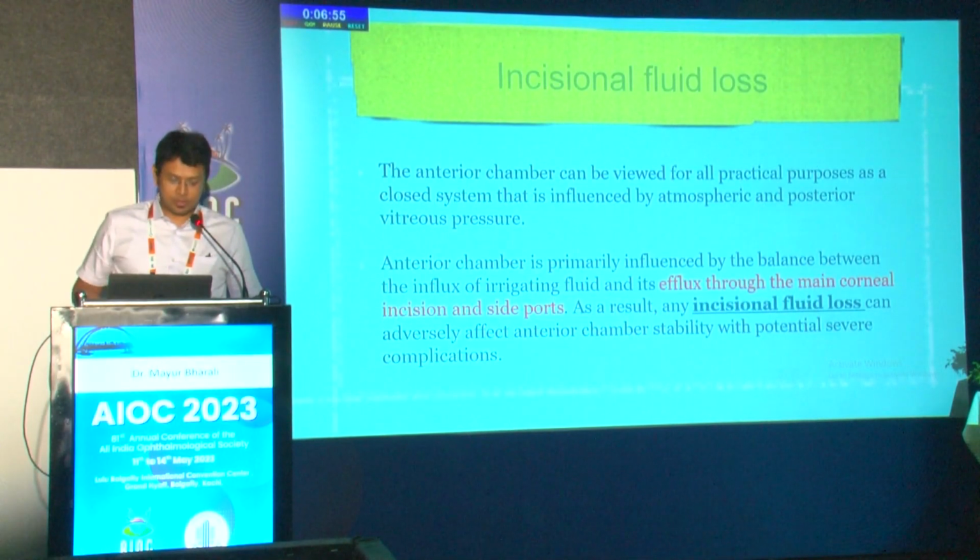Now, incision fluid loss. The anterior chamber can be viewed for all practical purposes as a closed system between the atmospheric pressure and the posterior vitreous pressure. So the anterior chamber is primarily influenced by the balance between the influx of irrigation fluid and the efflux through the main or the side ports.